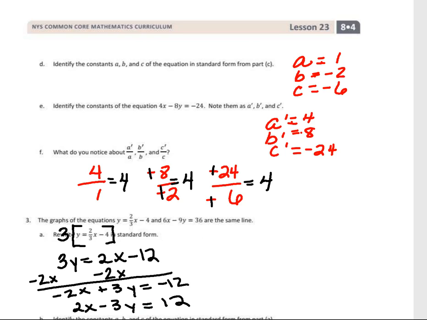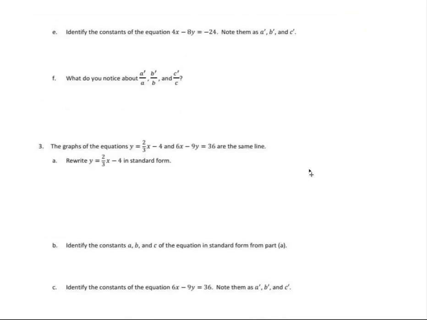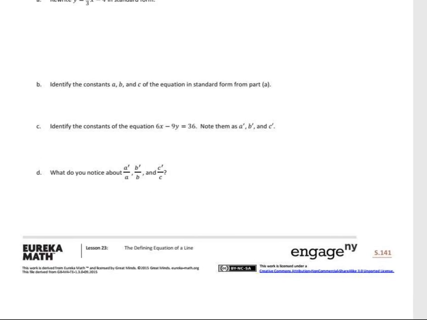And then part B says identify the constants A, B, and C in the equation. It's going to be 2, negative 3, and 12. There we go. So 2, negative 3, and 12.